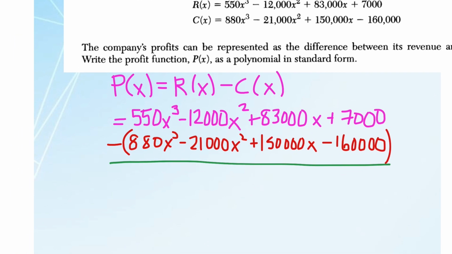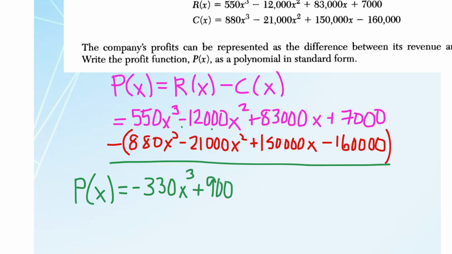So let's work this out here. P of x is going to equal 550 minus 880, that is negative 330x cubed. Negative 12,000 minus negative 21,000 will become positive 9,000x squared.